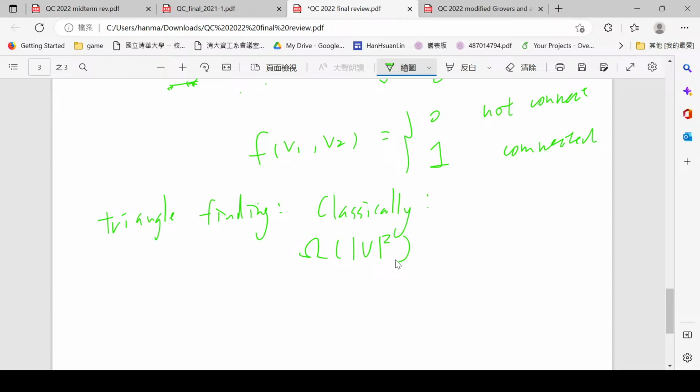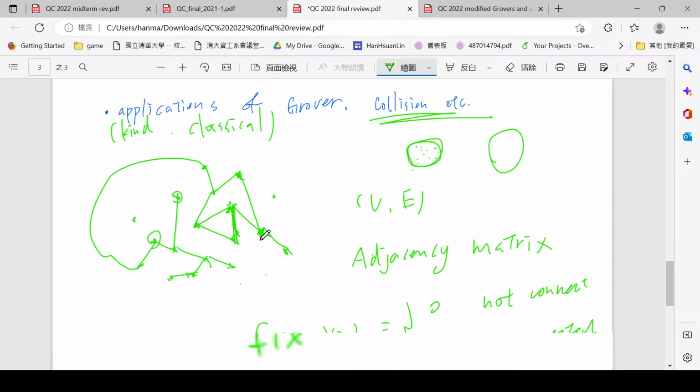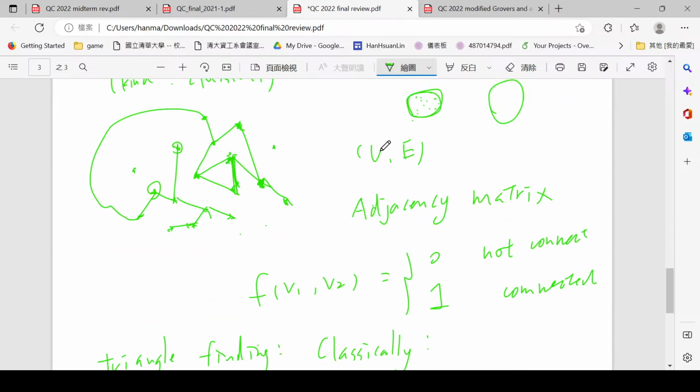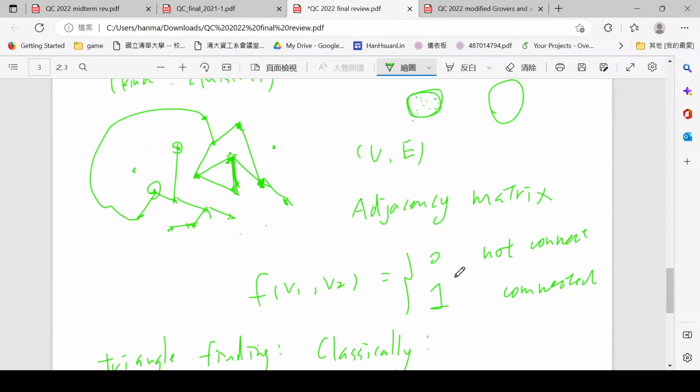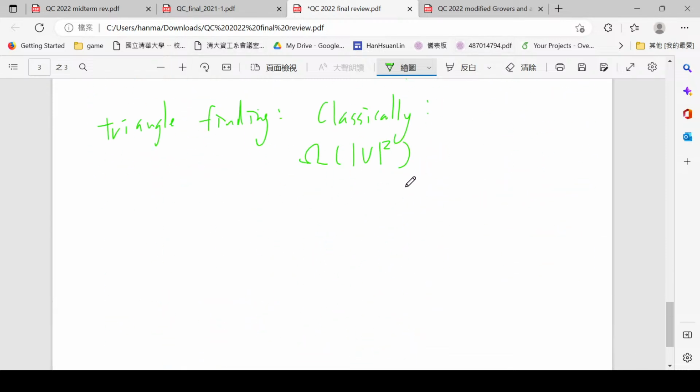This is the worst possible because, if we only talk about scaling in the number of vertices, the number of edges, so I should say theta, although the upper bound is trivial.